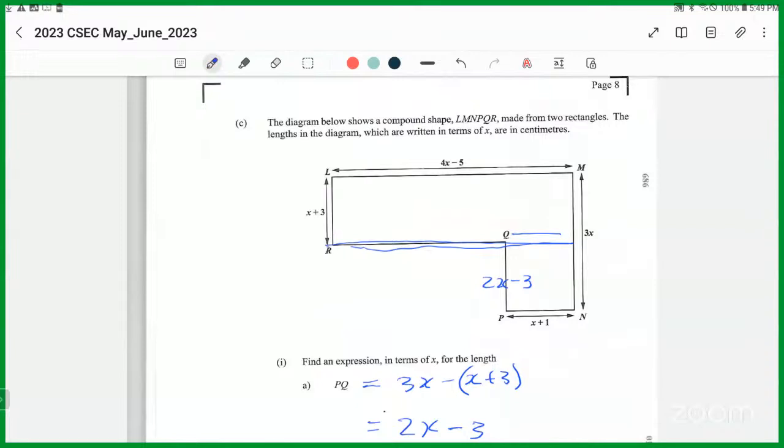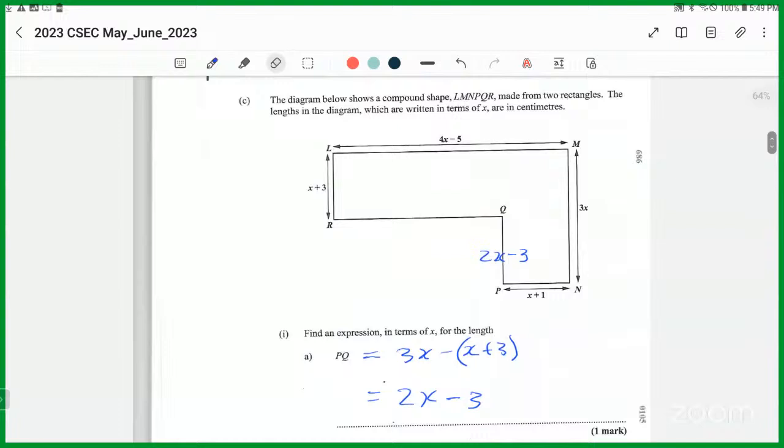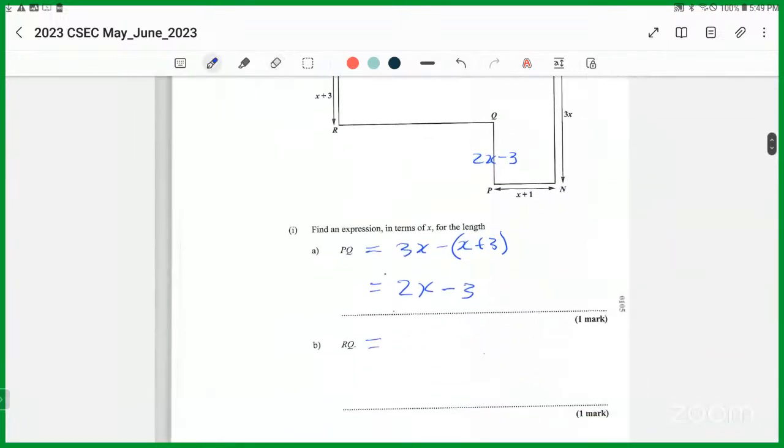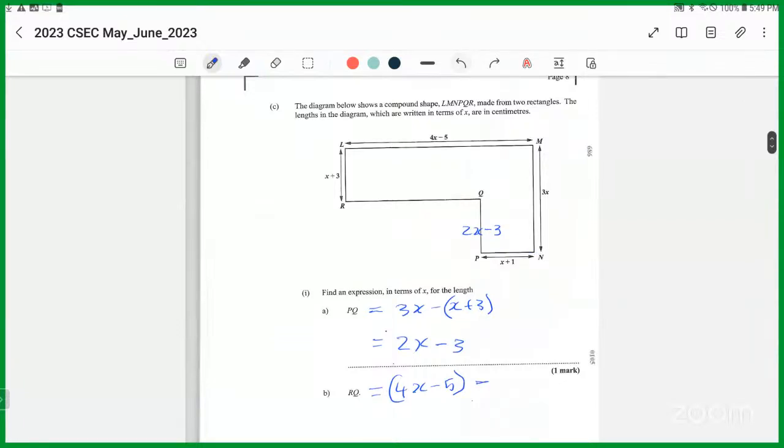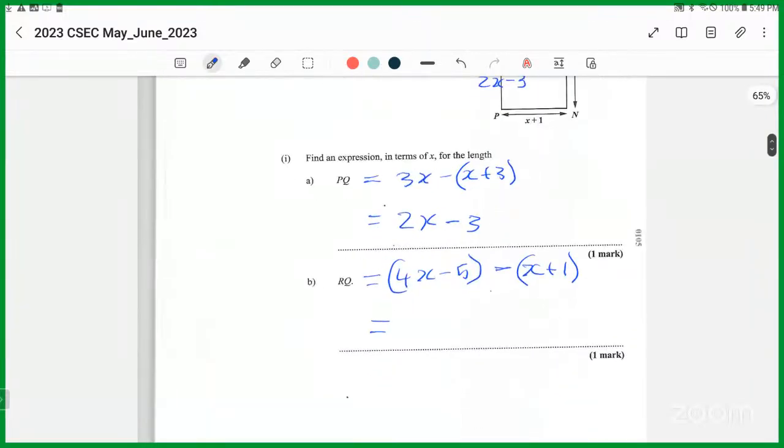So this piece is equal to 4x minus 5 minus the bracket x plus 1. You're subtracting the whole of x plus 1, so be careful. 4x minus x gives us 3x.